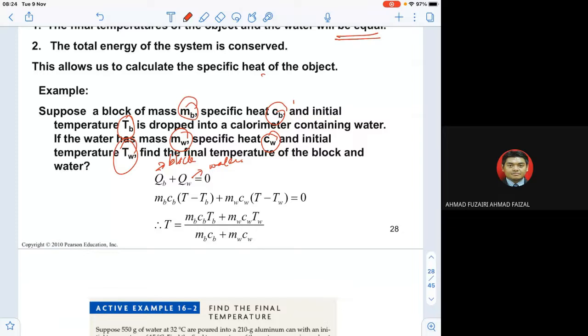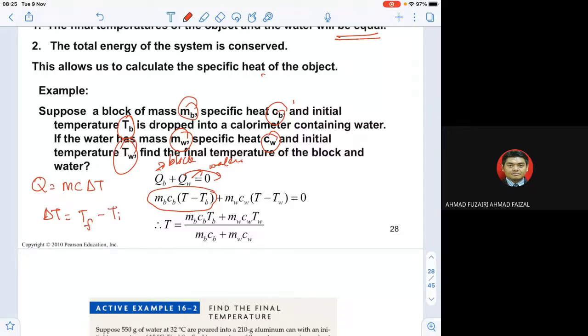QB is the mass of the block times CB, the specific heat of the block. It comes from Q equals MC delta T, where delta T is T final minus T initial.